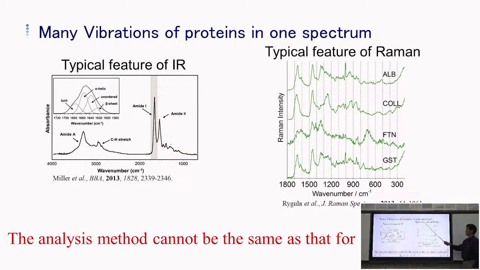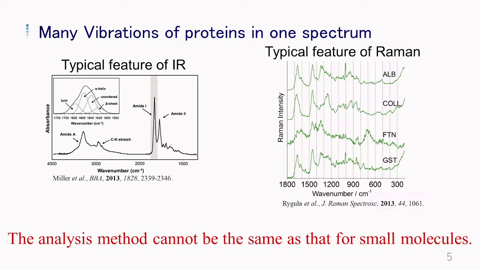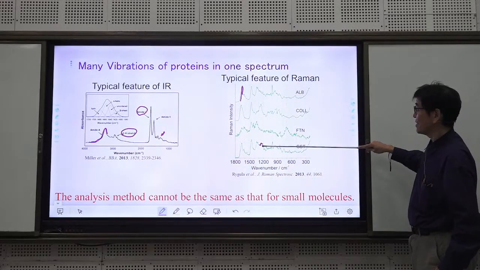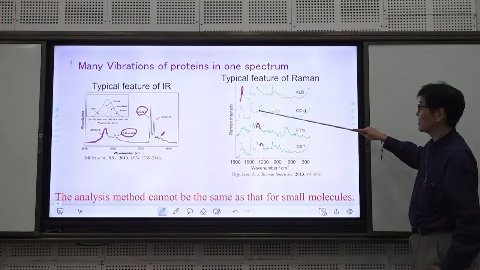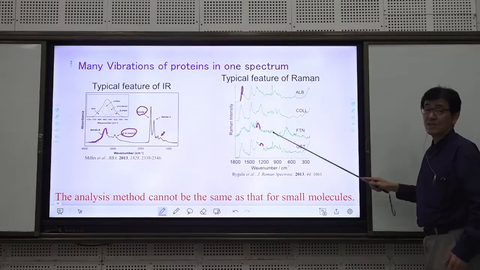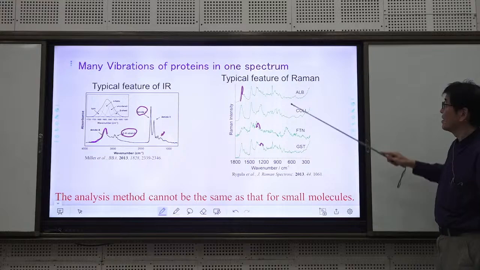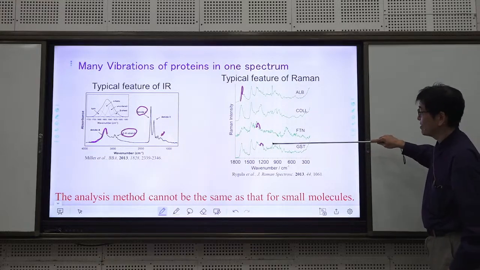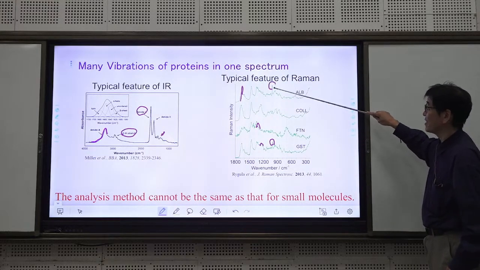In the case of Raman spectroscopy, again we find the amide 1 band here. Amide 2 is rather weak, but amide 3 is strong. So in this region, amide 3 appears. That is related to conformation. And we find a sharp peak. This is due to phenylalanine.